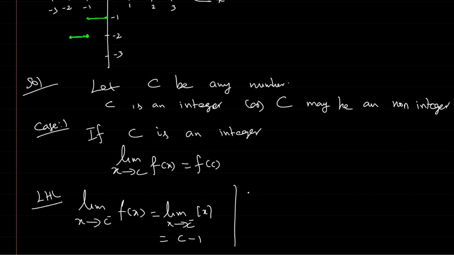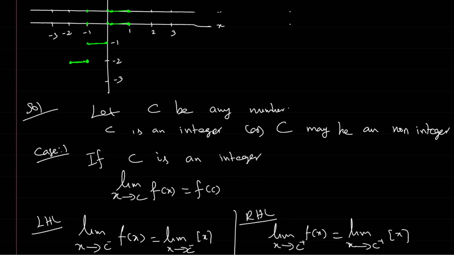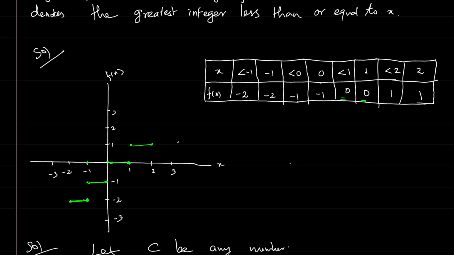Okay. What about the right hand side limit? For a value slightly greater than C, what about the floor x value? For a value greater than 1, it is 1. Less than 1 it is 0, equal to 1 it is 1. If it is greater than 1, then it will take 1.